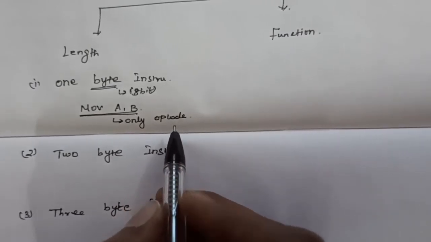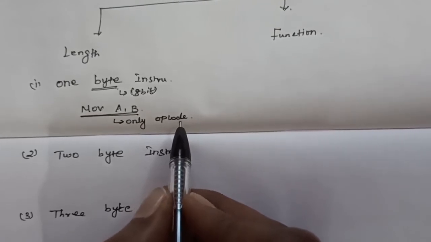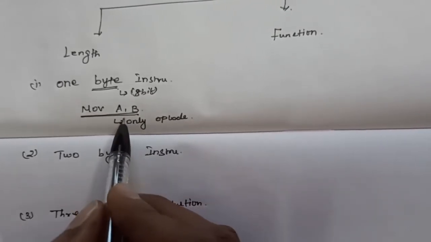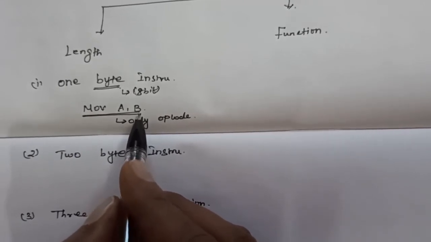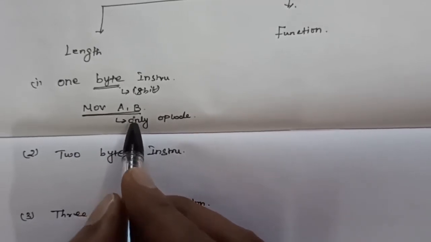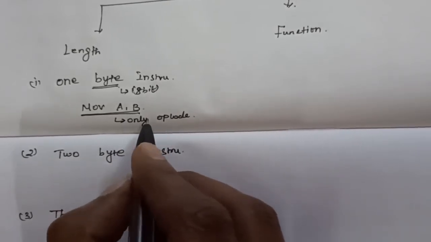So operand means some data or immediate address location is called operand. In the instruction MOV A comma B, the operand is placed inside the registers.